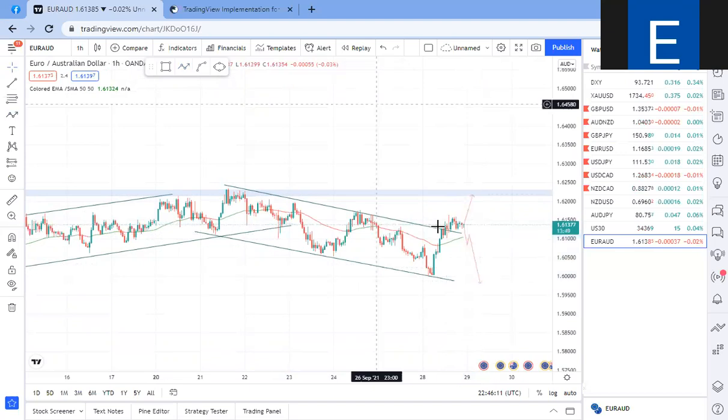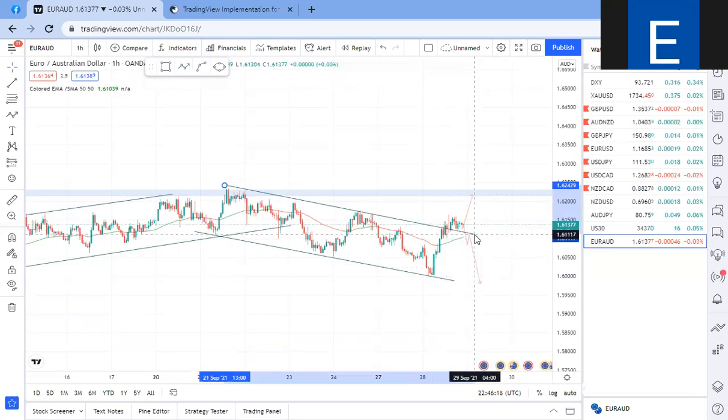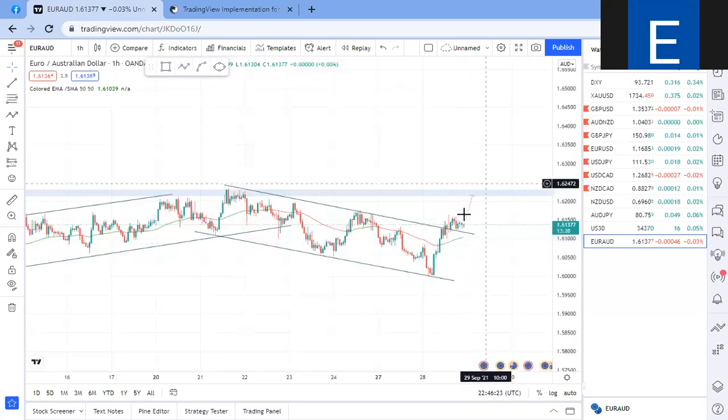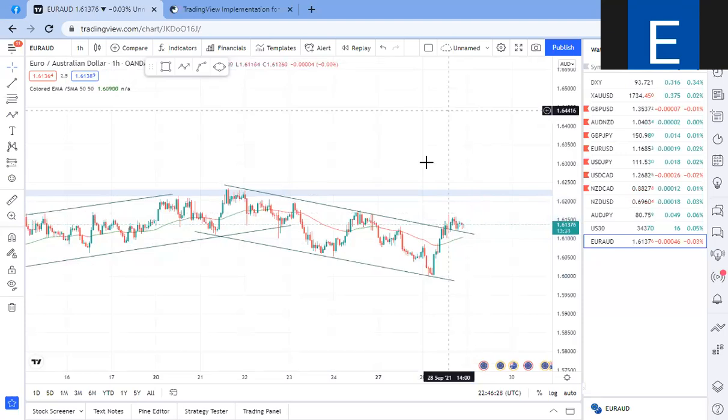So that is what price may likely do, but technically, since price has already broken above the trend line, it should buy. Technically, it should buy, but the opposite may happen.